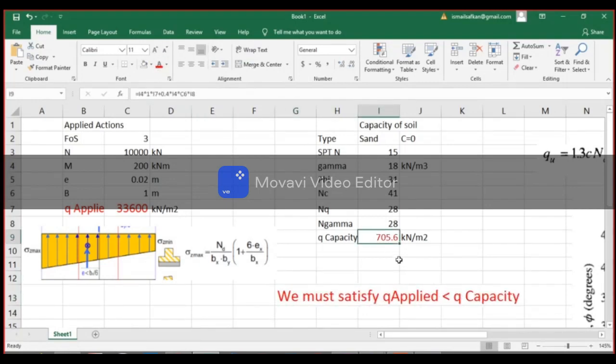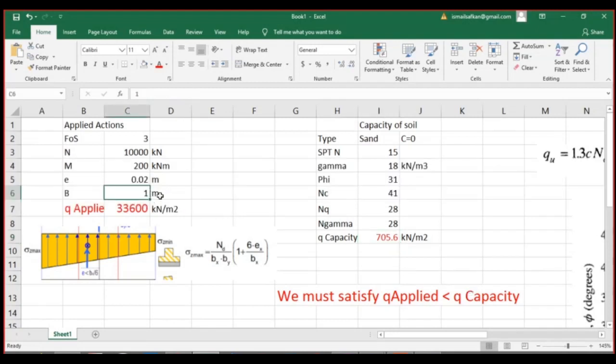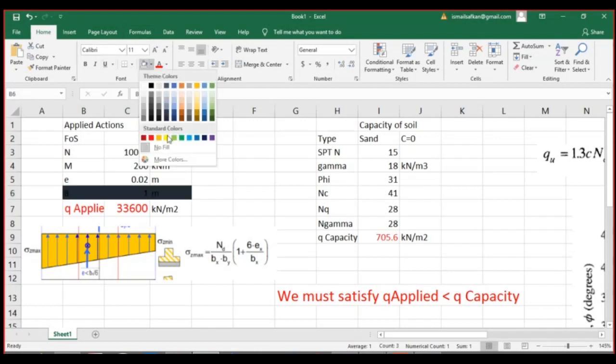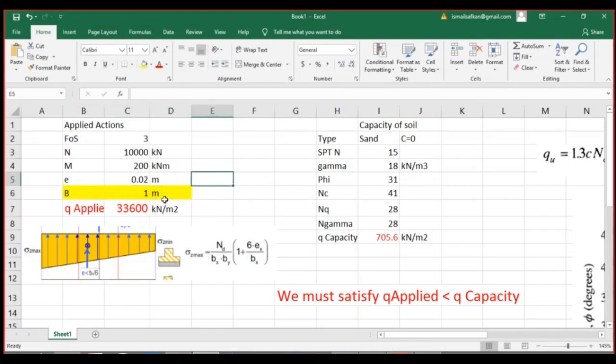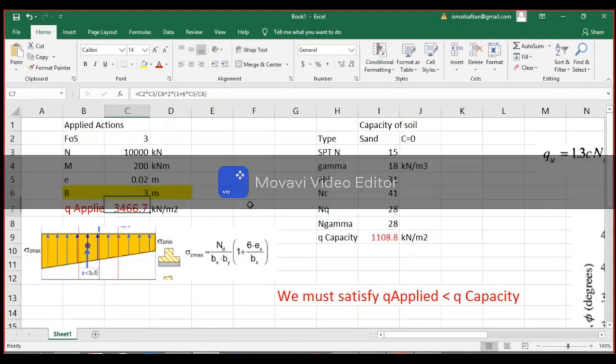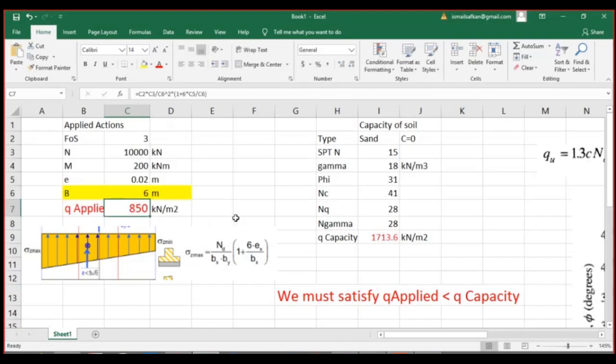Until we satisfy this condition, we will increase this. So let's say 3 meters. We still don't satisfy. 6 meters. It's too much. The difference is too much. I'm trying to be close to this.